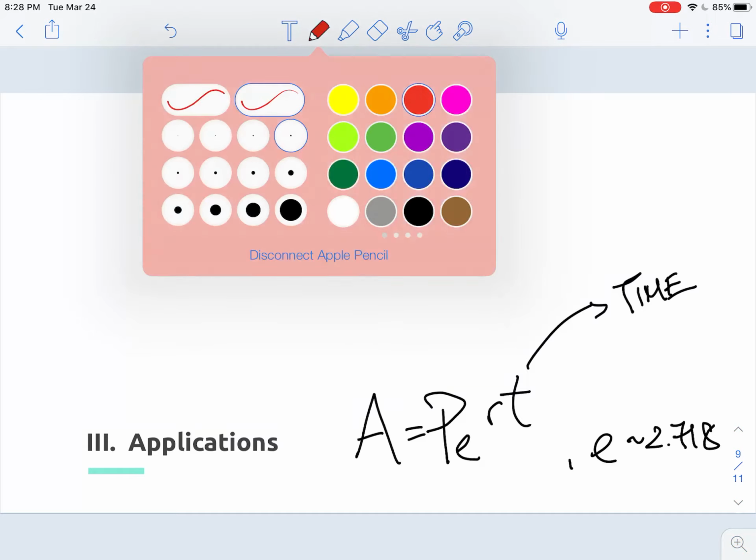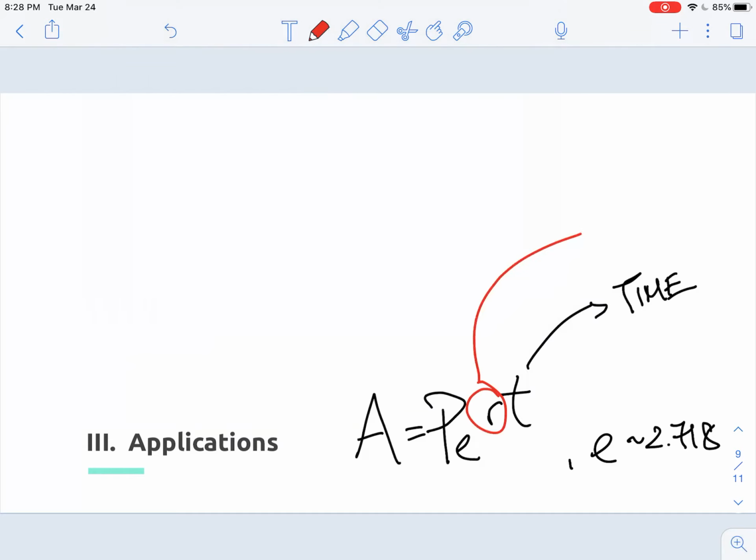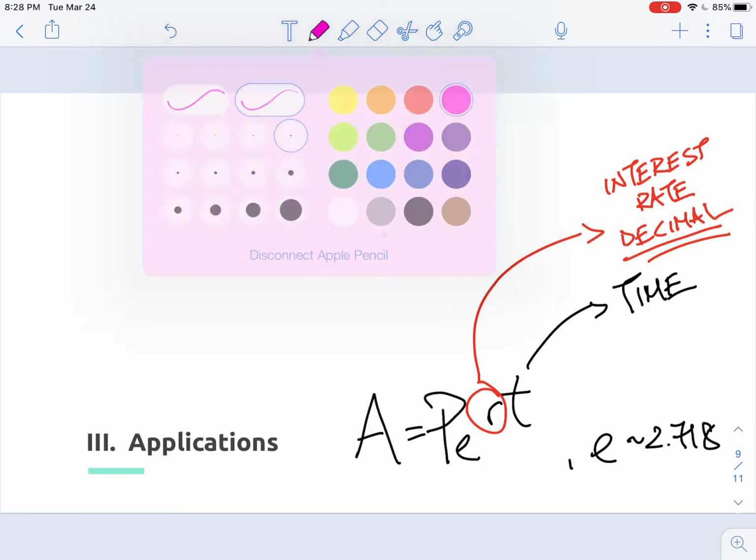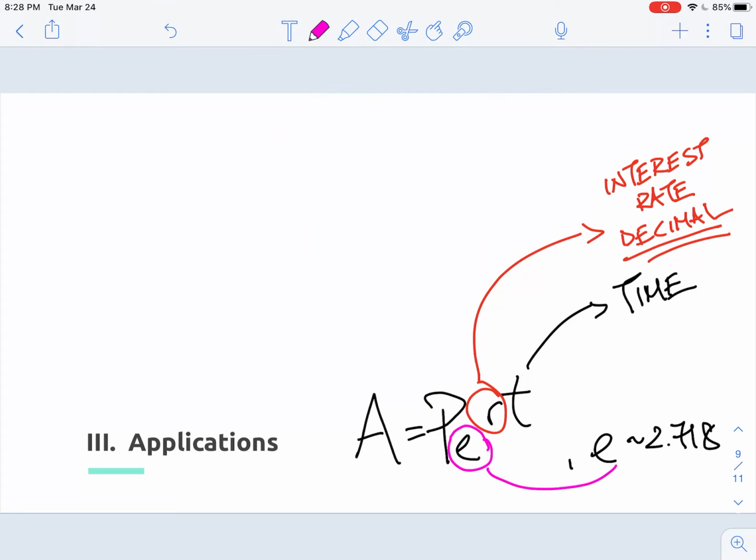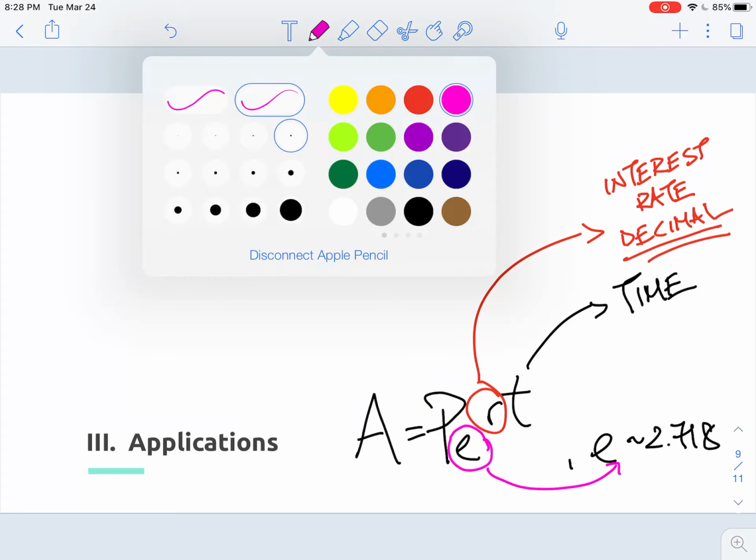This R, that is your interest rate. We want to make sure, though, when we put this into our equation, that we use a decimal and not just the percent. This e we talked about earlier, e is about 2.718.